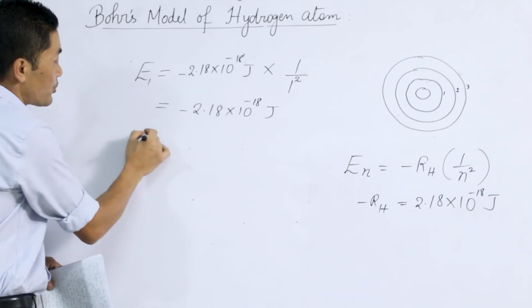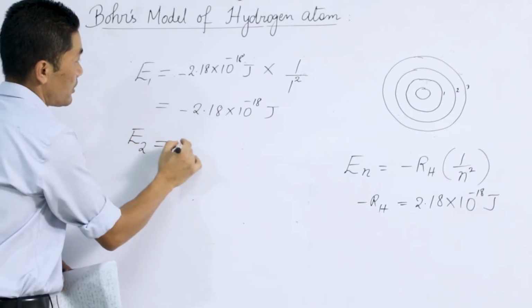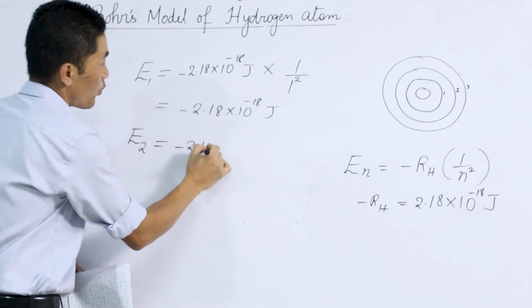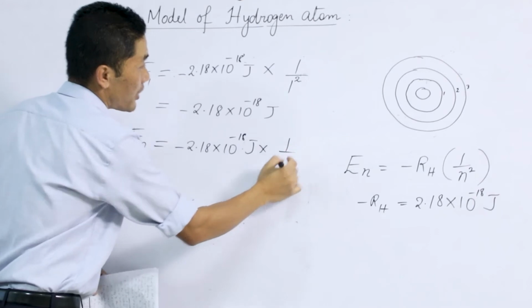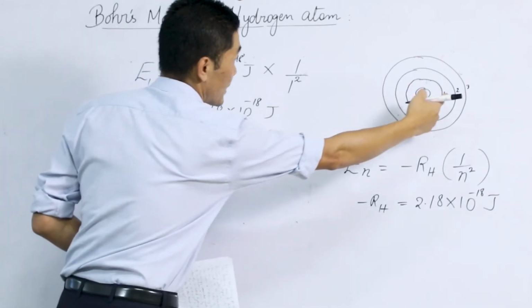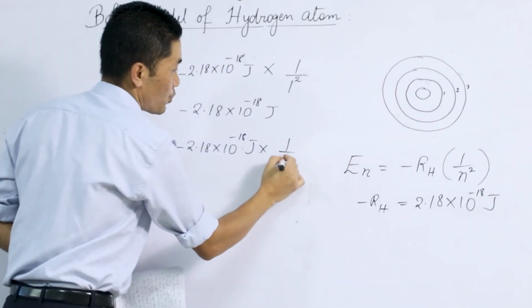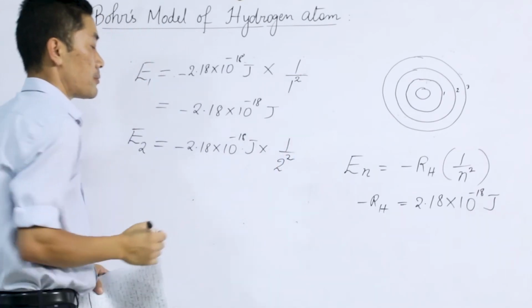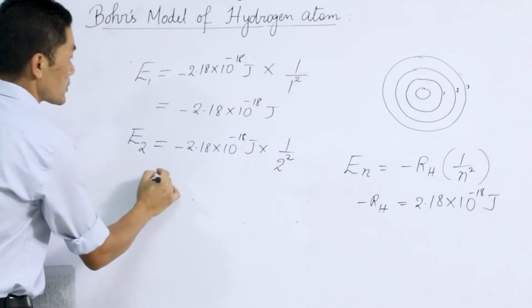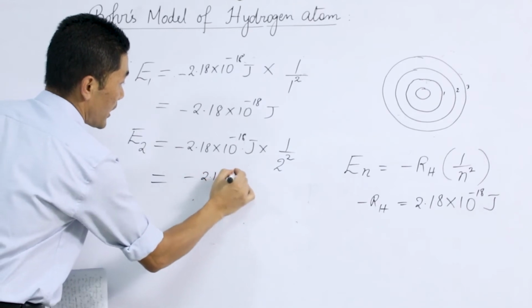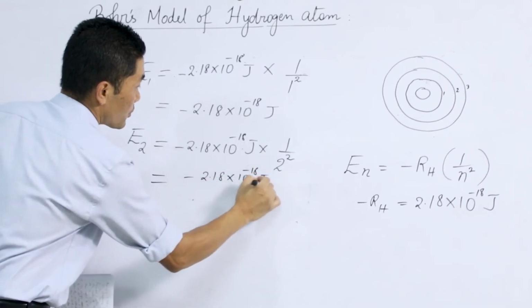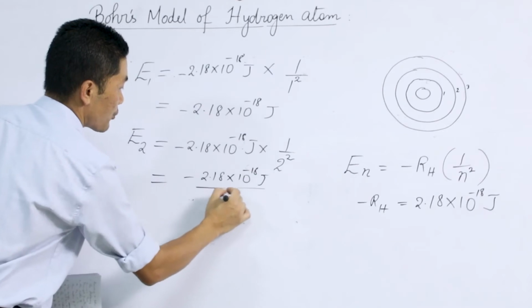Likewise, the energy for the second orbit will be minus 2.18 into 10 to the power minus 18 joule into 1 by n squared. For the second orbit, n squared will be written as 2 squared. So here, minus 2.18 into 10 to the power minus 18 joule divided by 2 squared, that is 4.